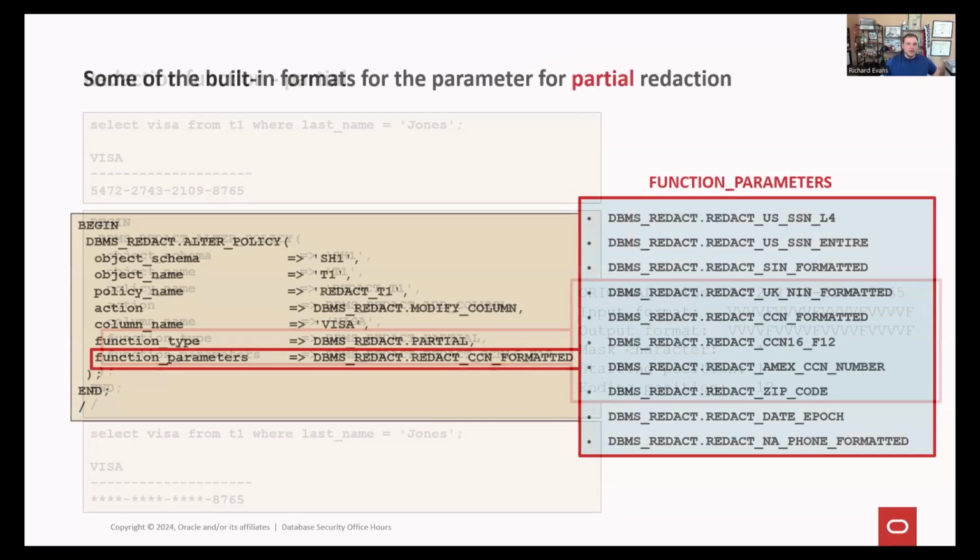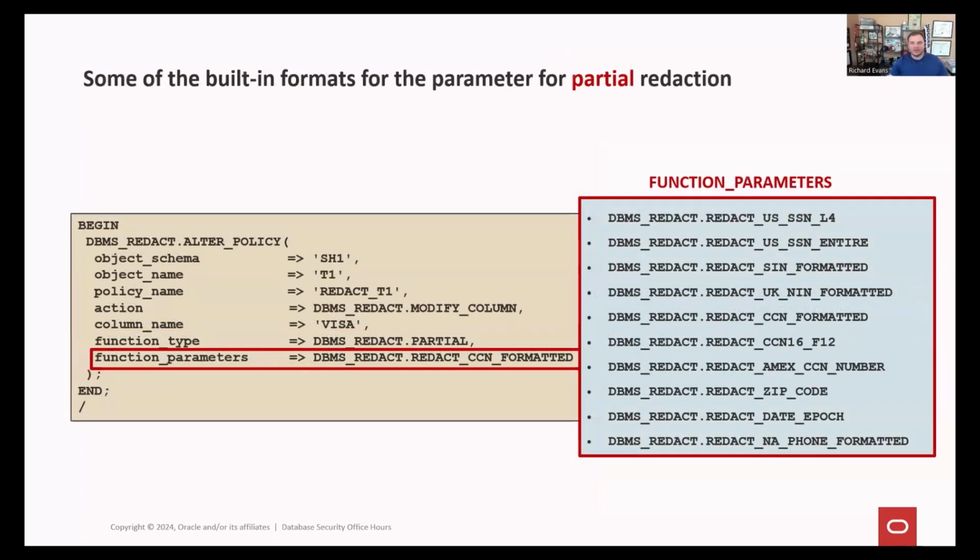So that function parameter is one of several that we offer for you that are built in for partial redaction policies here. So you can see if you're doing the last four of the US Social Security number or the entire Social Security number, we've got social identifier, national identifier number, credit card, showing just maybe the last four of the number.